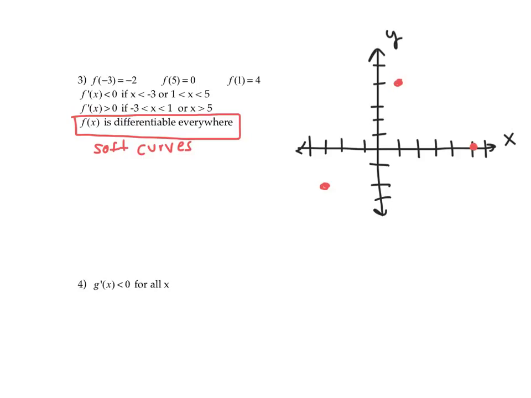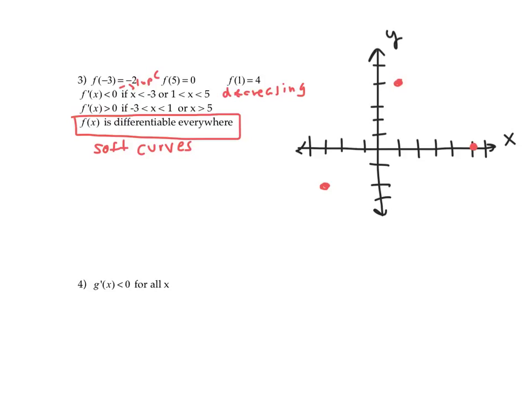The derivative, f prime of x, is less than 0, so it has a negative slope. In other words, our function is decreasing when x is less than negative 3, or between positive 1 and positive 5.